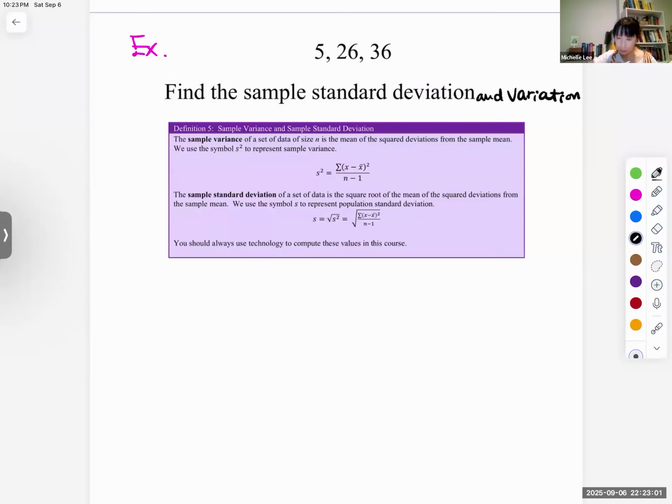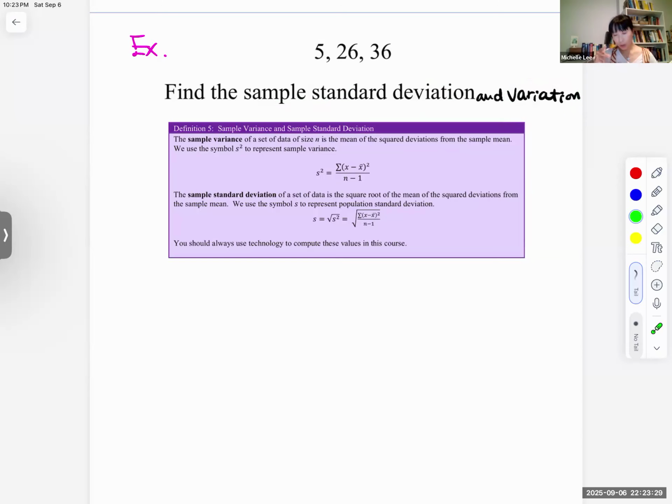Okay, so I brought the example here. We have a tiny data set, only 3 values, because I can show you by hand. So sample standard deviation and variance, right? Either way, we can find standard deviation first or variance first.